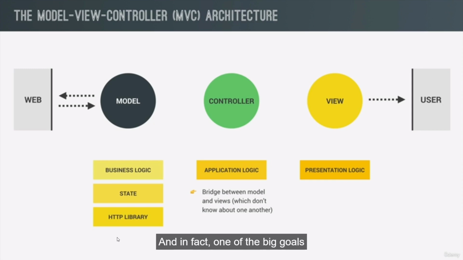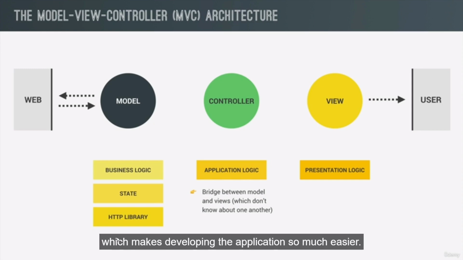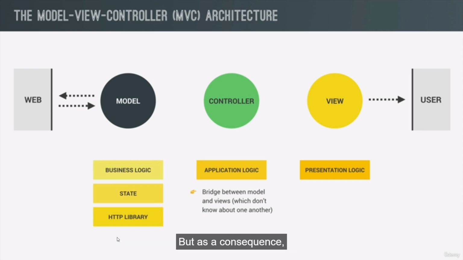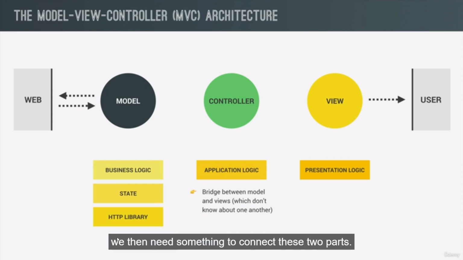And in fact, one of the big goals of the MVC pattern, so of this model view controller architecture, is to actually separate business logic from application logic, which makes developing the application so much easier. But as a consequence, we then need something to connect these two parts. And so that is the controller.